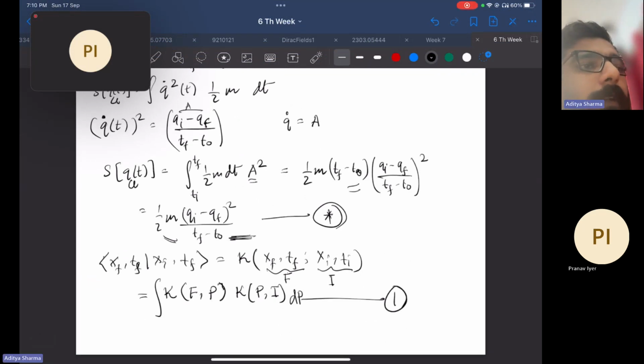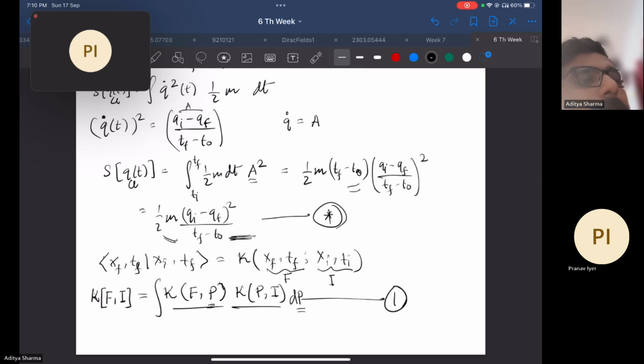Now you know this kernel, meaning the Green's function or two-point function, has a property of this kind. The kernel between the final and initial points can be written by taking a point in between and integrating over that point, so it can be broken in this way.